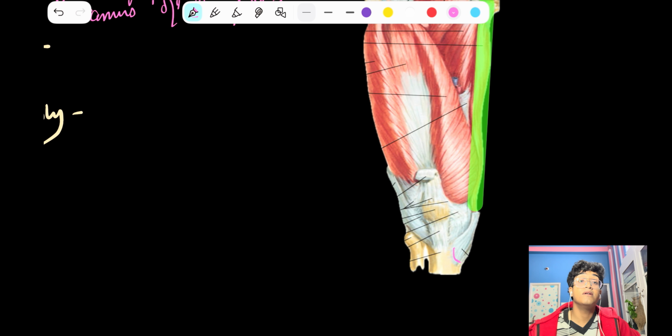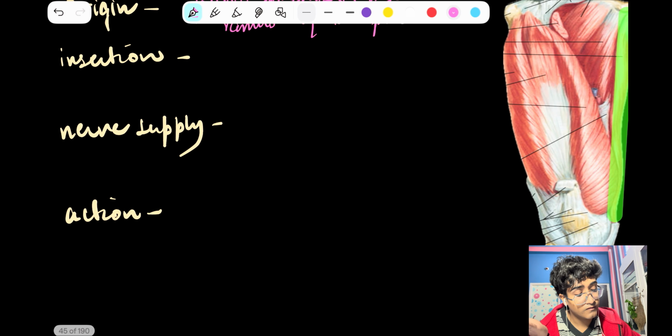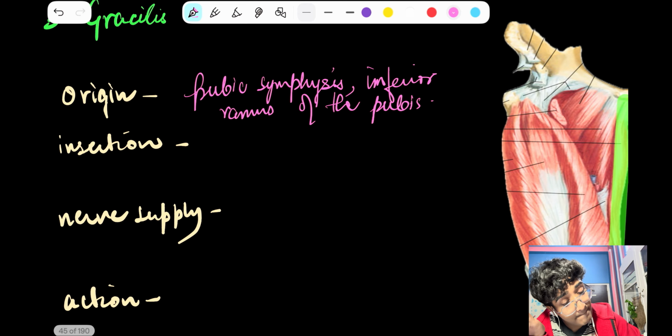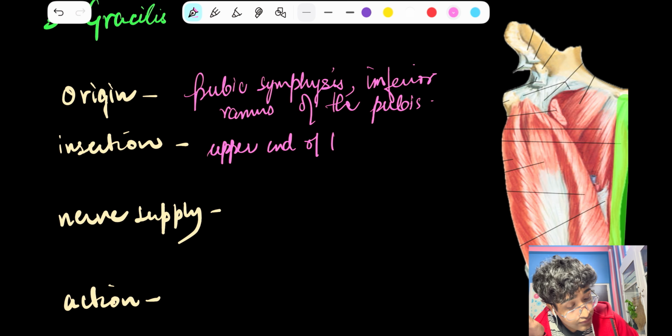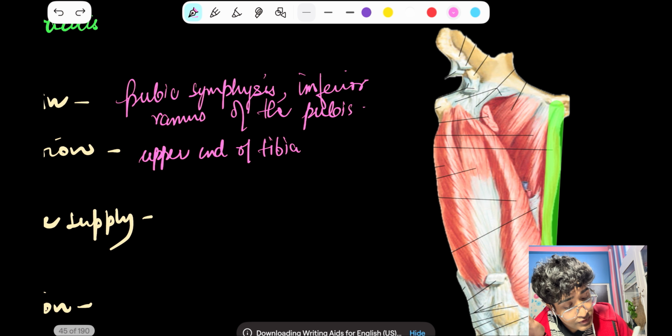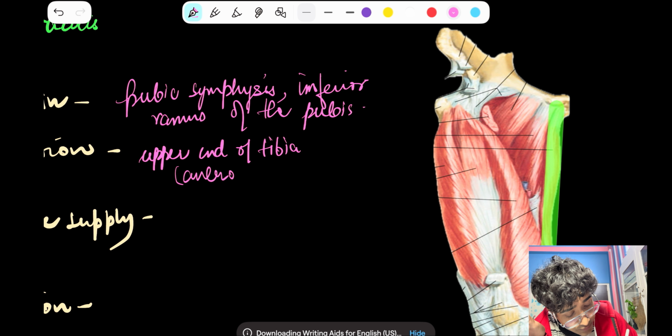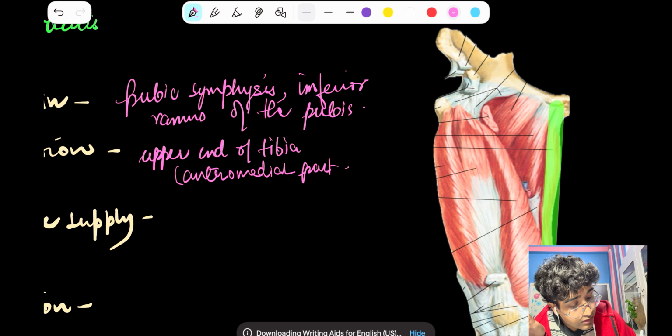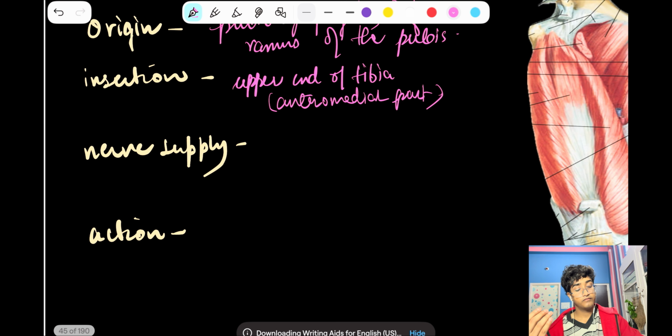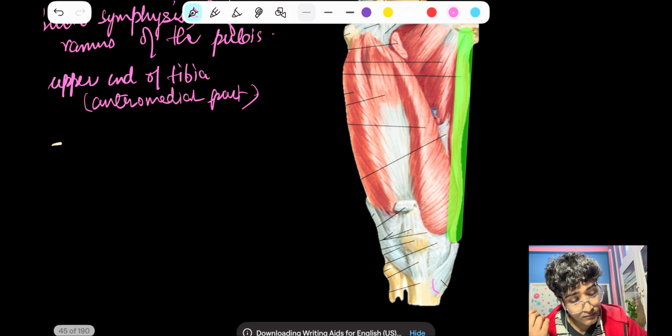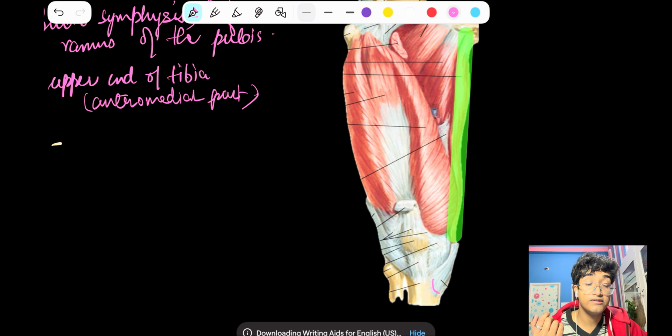This is the anteromedial part of the tibia. Its insertion is the upper end of the tibia, to be specific the anteromedial part. In this region, the sartorius muscle also gets inserted.